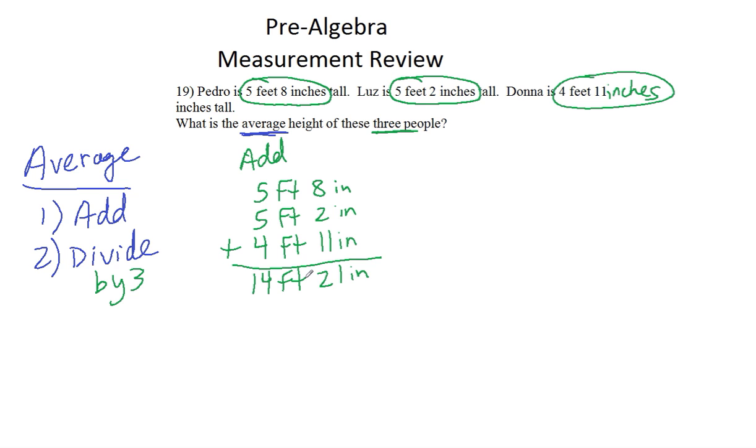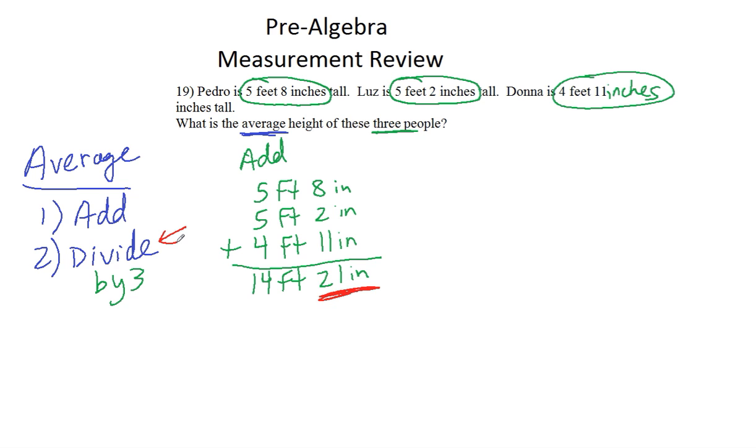Remember that normally if I'm just adding, I would look here and say I have enough inches to cash in for another foot. But because I've got this second step, I'm going to leave that. I will regroup when I'm done. You could regroup now, but I'm just going to regroup once at the very end.